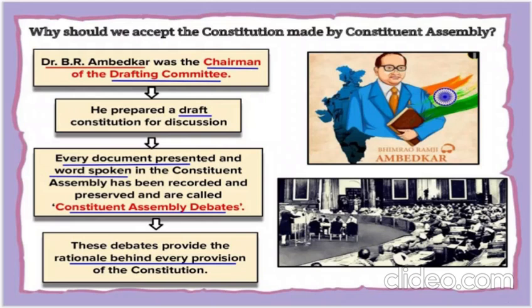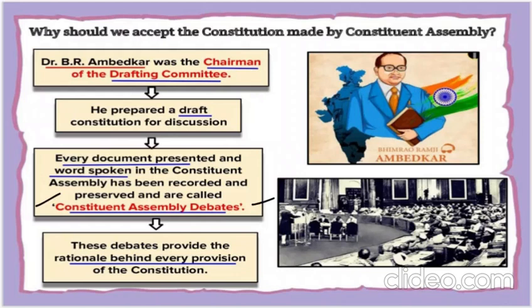And every document presented, each and every word spoken in the assembly has been recorded and preserved. Okay, and that is known as the Constituent Assembly Debates. What are the Constituent Assembly Debates? All the documents preserved and all the words which were spoken during that time are recorded and are known as CAD.